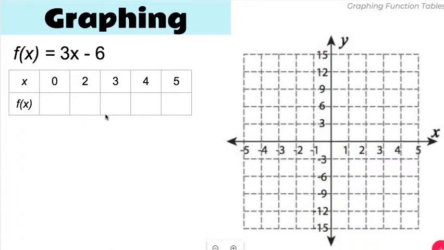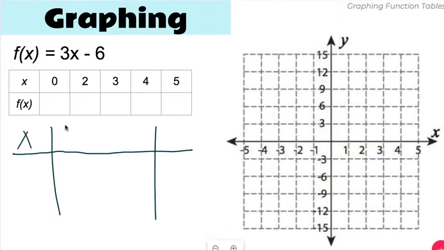Okay, so for our next graph, we have 3x minus 6. We have our table here. And again, there's not enough room, so below the problem, make yourself a table. X values, write your equation, and our y.